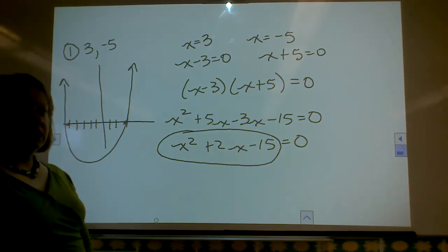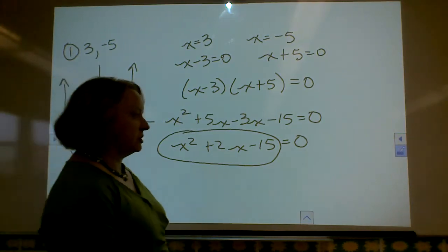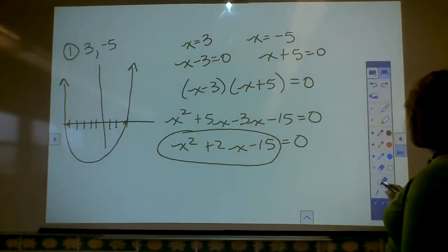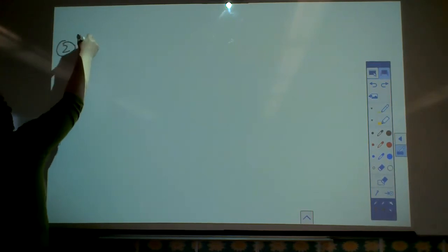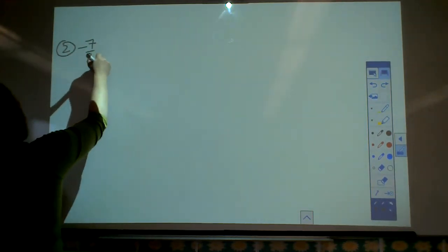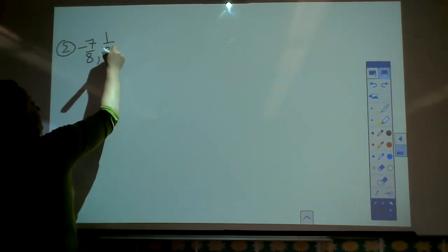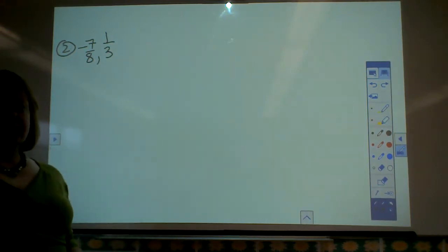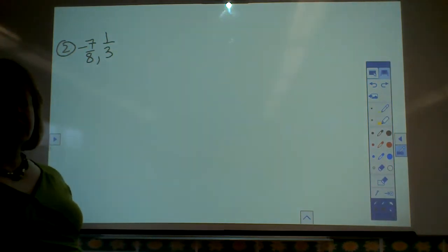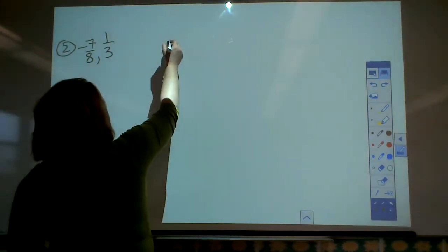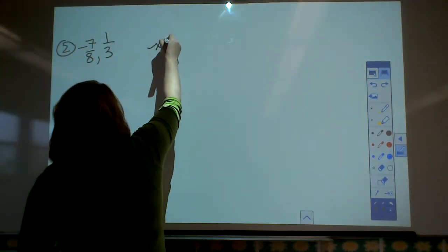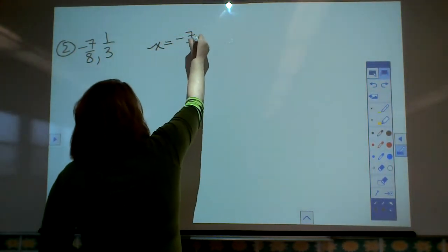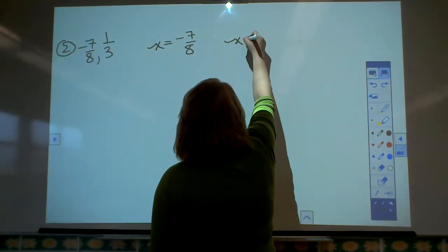So let's move on to one that's a little harder with some fractions in it. So number 2, -7/8 and 1/3. We're going to do the same thing. We're going to set those equal to x and find our factors. x is -7/8. x is 1/3.